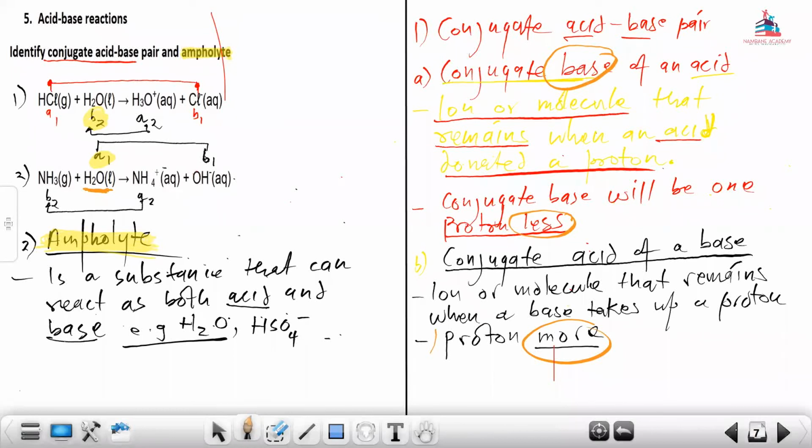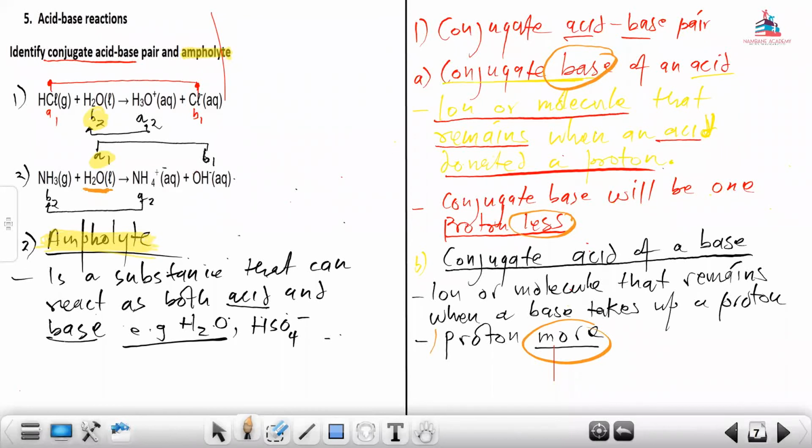How so, sir? Remember the rules, the theories, we follow the theories at all times. An acid will always be the one donating. A base will forever be the one accepting. For us to have a conjugate base, if I have an acid and that acid donates a proton, whatever I am left with must be a base. We want to produce hydronium ions or H plus.